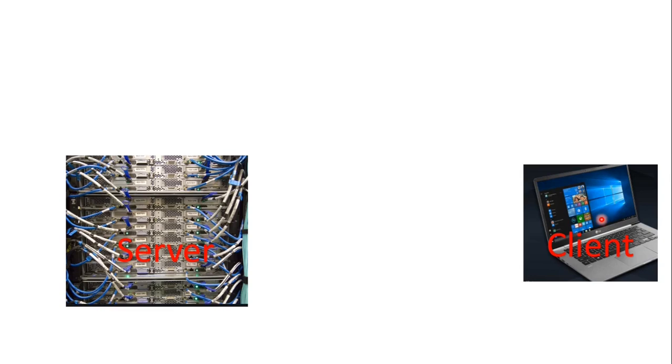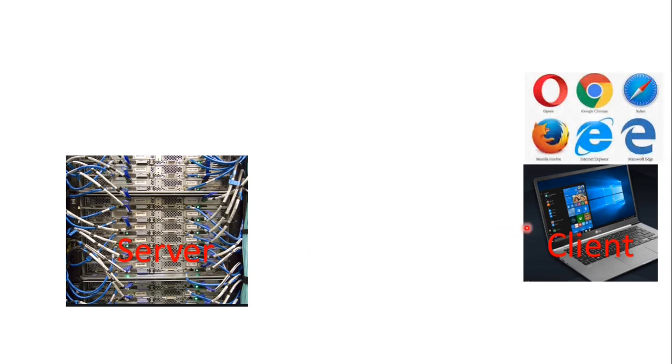So how does a client communicate with the server? It communicates with the server with the help of browsers. These are some examples of the browsers that you also use in your mobiles, like Opera, Google Chrome, Mozilla Firefox, Safari, or Internet Explorer.